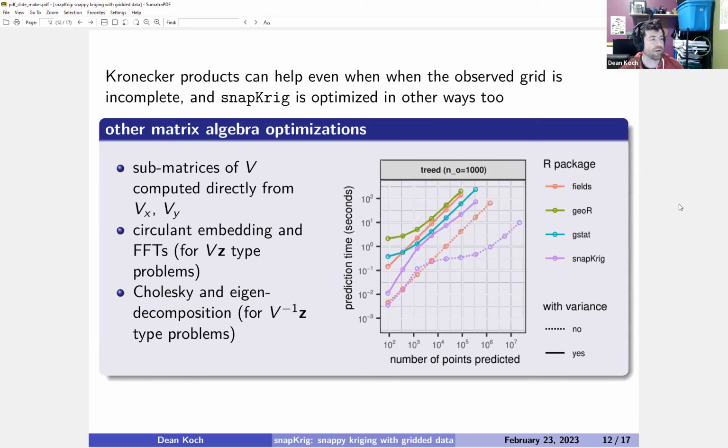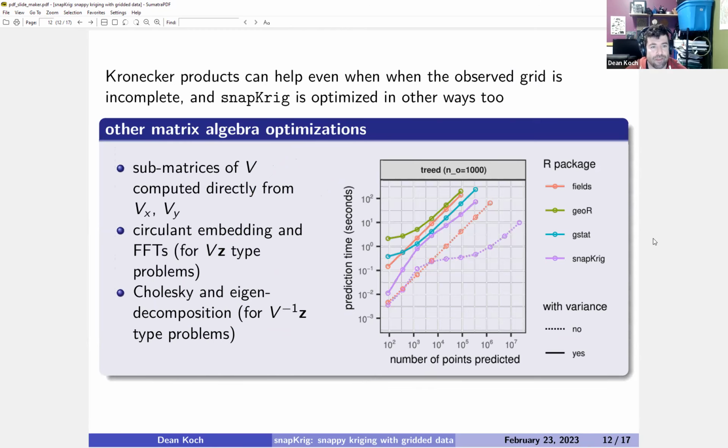Now, like I said, there's some optimization we can do with Kronecker products, even when the grid is incomplete. And I've tried to make snapKrig computationally efficient in lots of different aspects, not just in using Kronecker products.